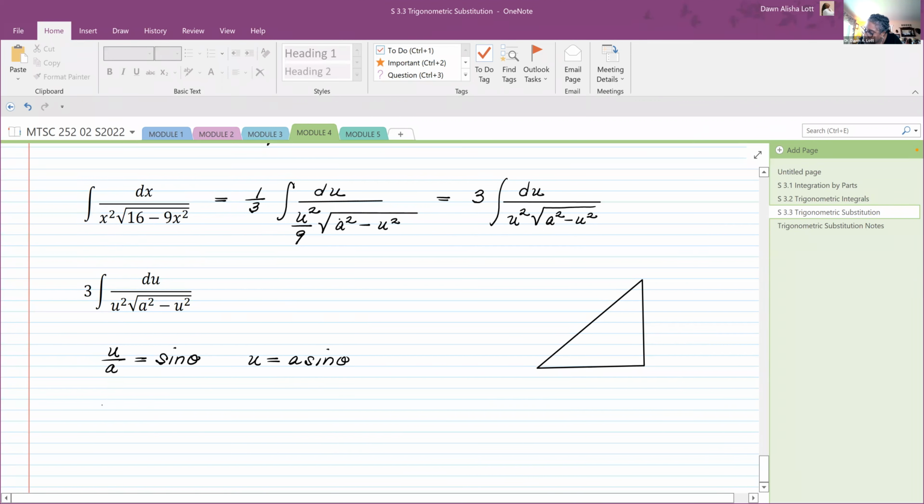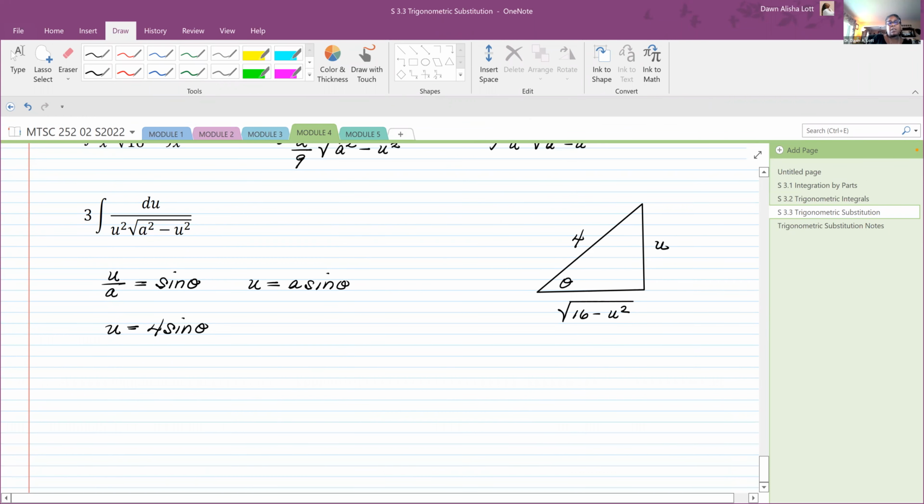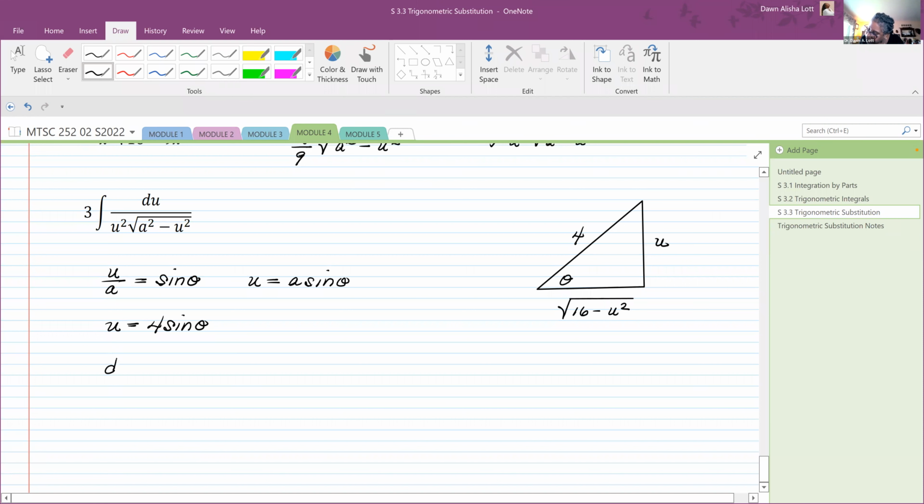And what is a? A is 4. So u over 4 is the sine of theta. So this side over here is the square root of 16 minus u squared. du is 4 cosine theta d theta.